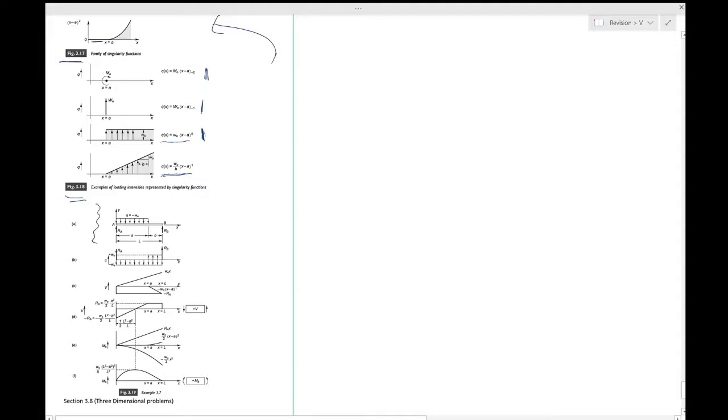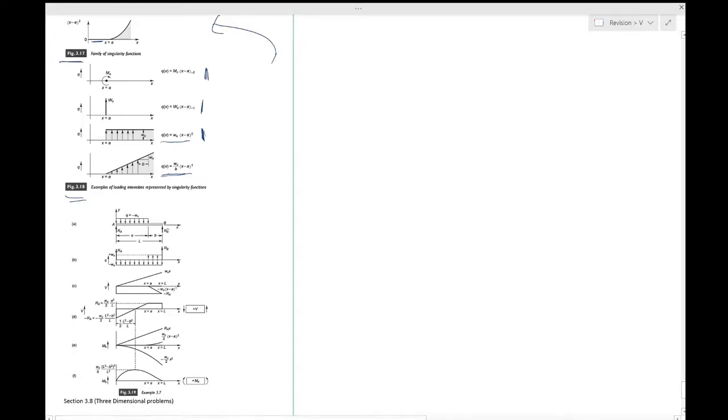Remember this problem in which there was C1, C2, C3, C4, and you went about applying the boundary conditions of the moment at A and B, and then the conditions at the junction: the shear force and the bending moment have to be the same.